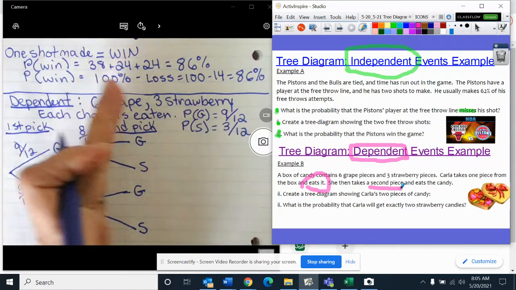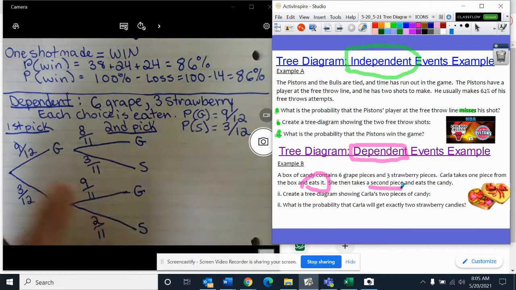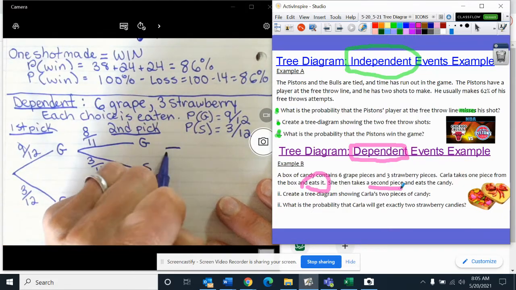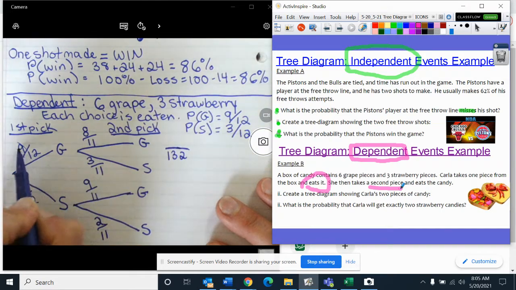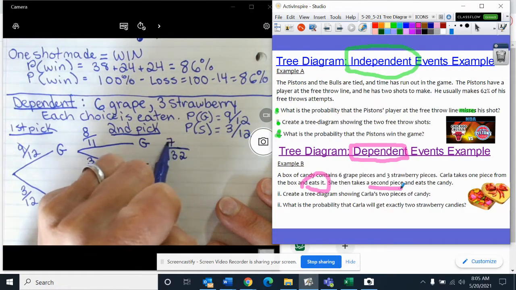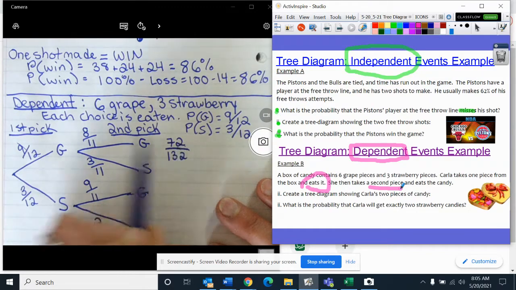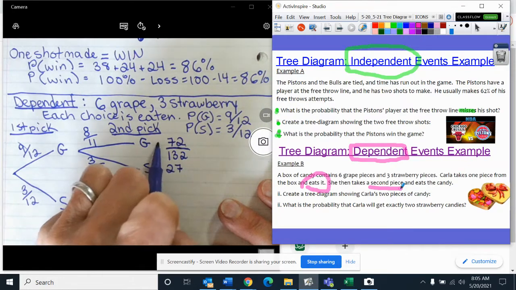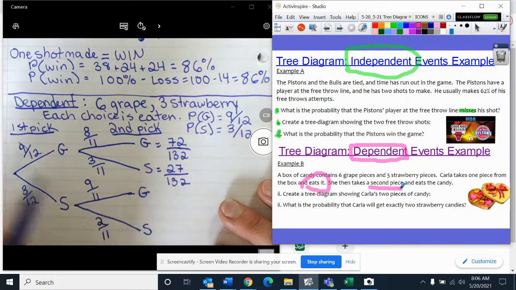So now what we're going to do is multiply to get the total probabilities. 12 times 11 is 132. So all of our probabilities will be out of 132. So 9 times 3, 27 out of 132.